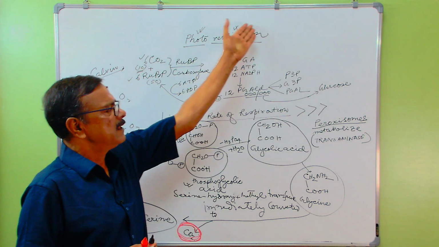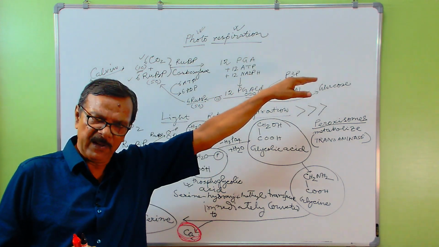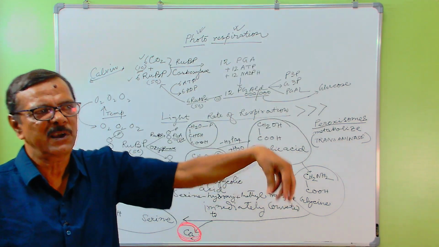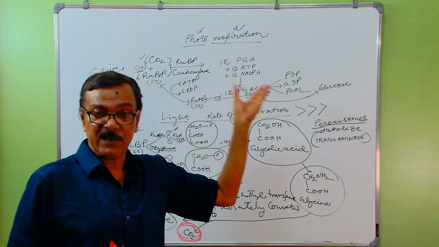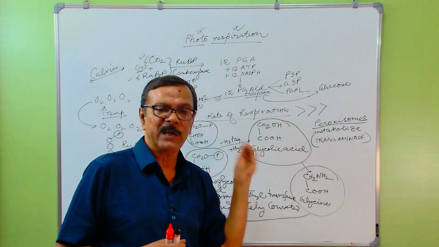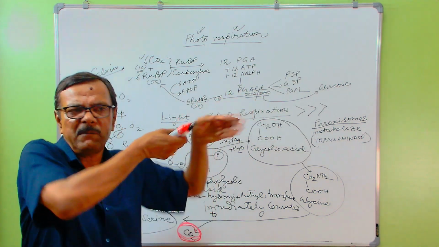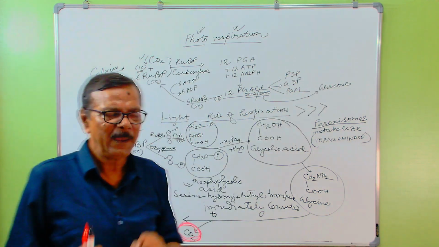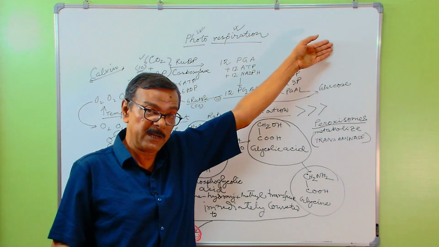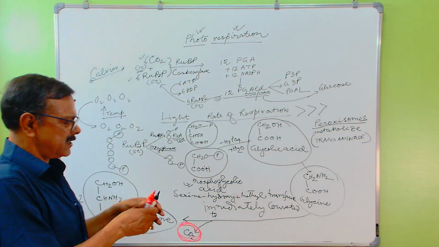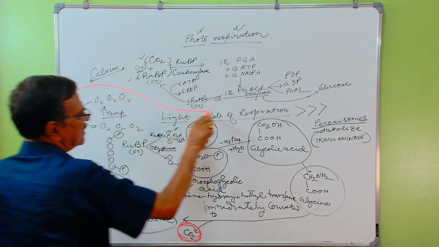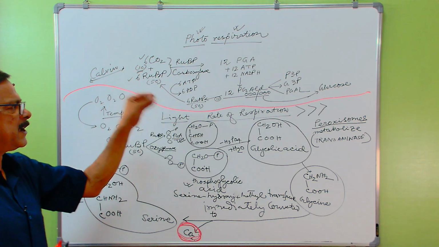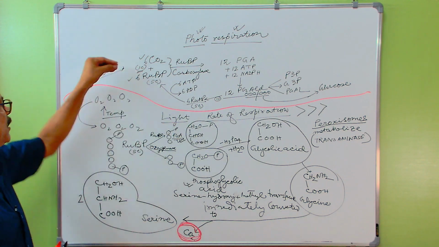In the leaf, in the chloroplast, in the grana, photosystem 2 was there, photosystem 1 is there, and photolysis of water and the electron transport chain. So many things they have undergone to produce NADPH and ATP. And then with the help of those ATP and NADPH, this reaction took place. That is, the Calvin cycle took place.